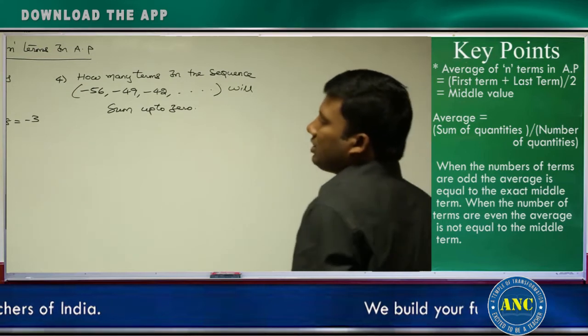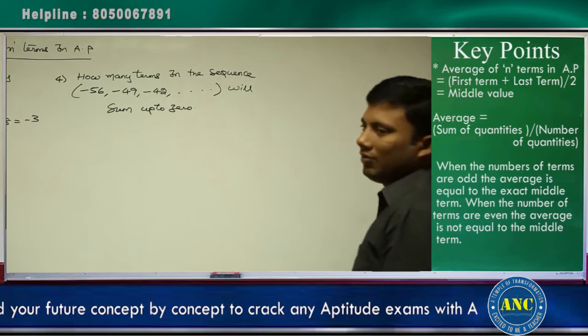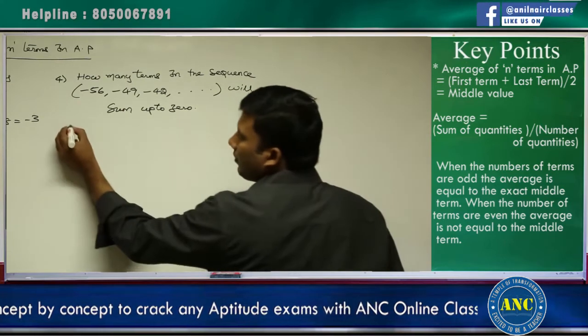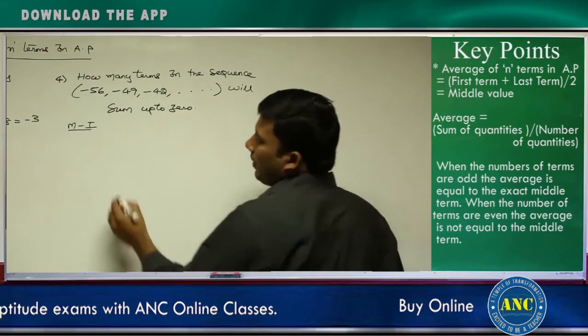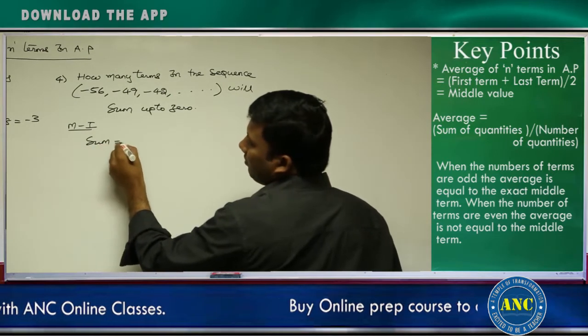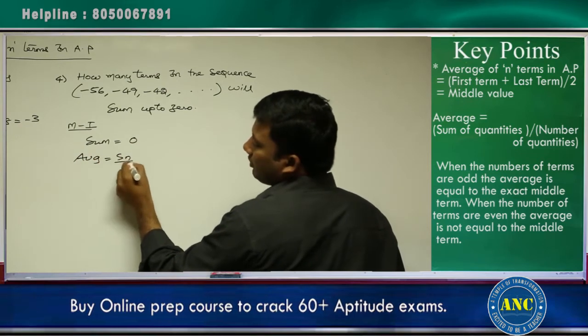Method 1. See here, the sum is 0. Average is Sn by n.